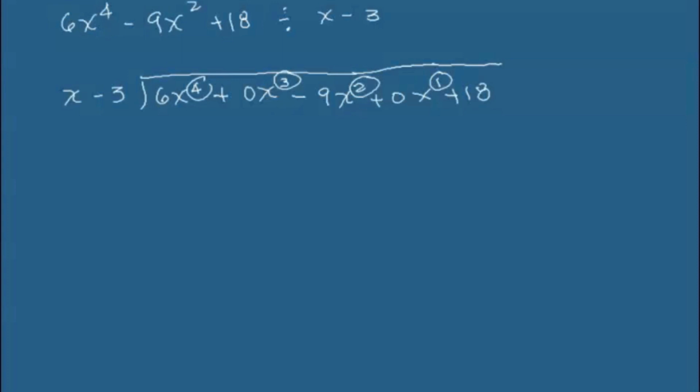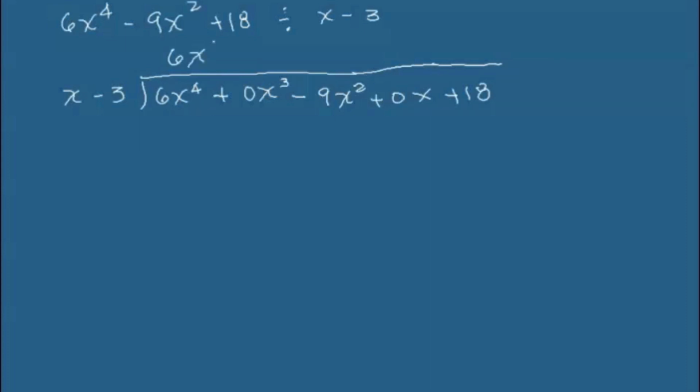Also double check your dividend, and if a term with an exponent is missing, then you just add it, just like what we did here: we added 0x cubed because there's no x cubed, and we added 0x because there's no x. After you do that, you divide.